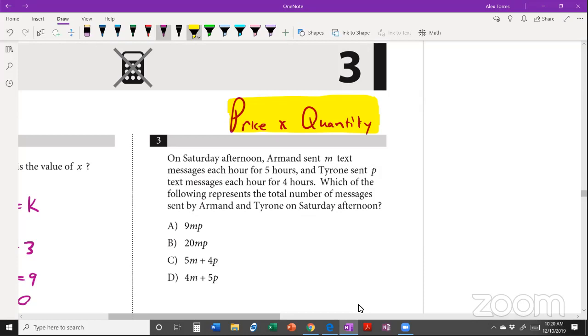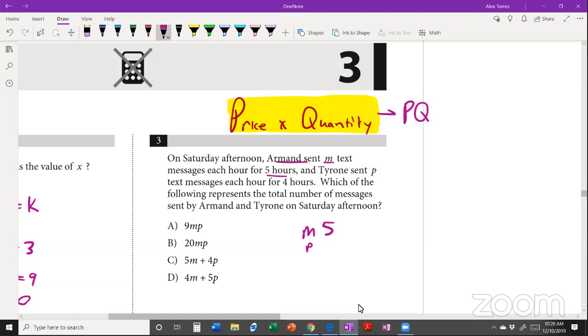So here for Armand, there are M text messages per hour for 5 hours. So 5 times M, actually I'll write it as M times 5 to be more accurate, is the number of messages per hour.